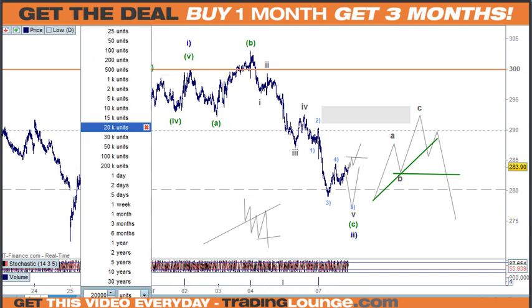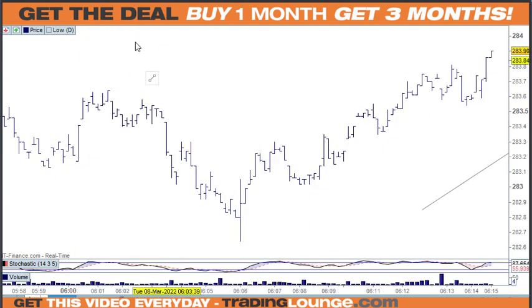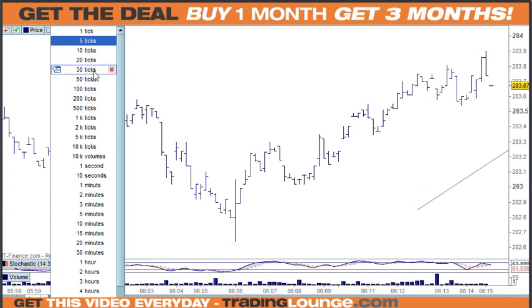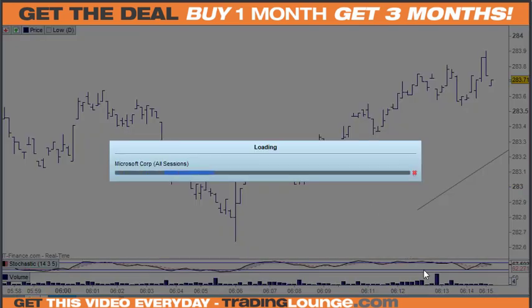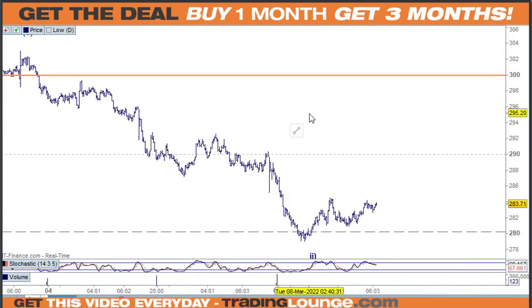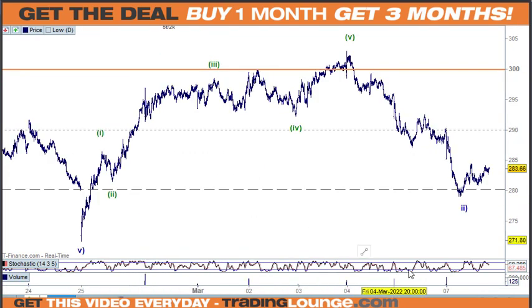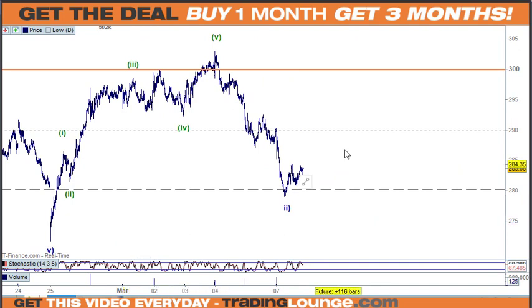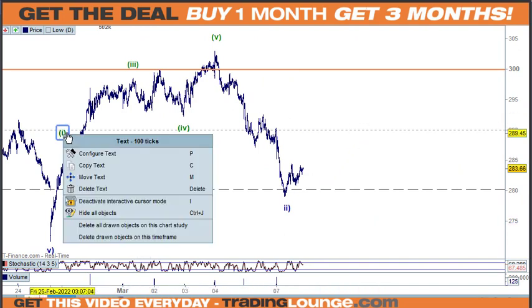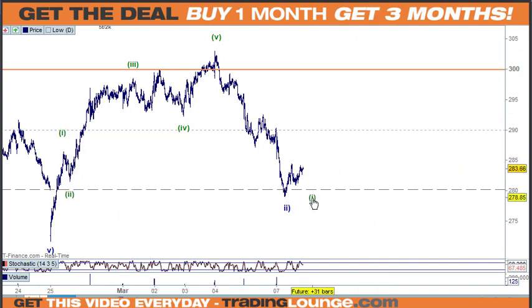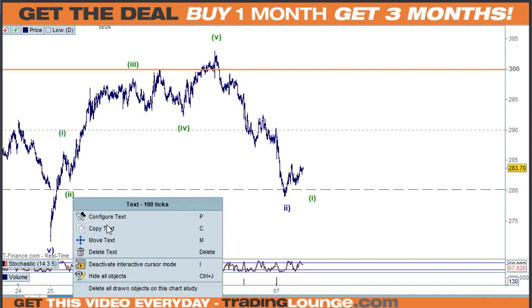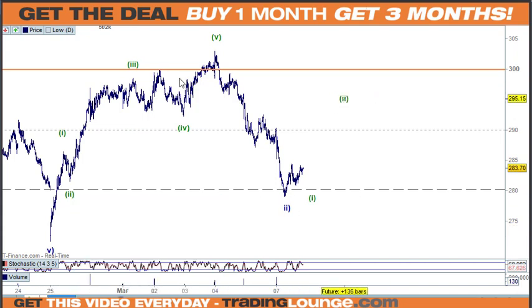I'm just going to go back to 100. So in a nutshell here, we're actually looking at this as wave 1 here. I mean, it's possible to have this as I've got it as being bullish.